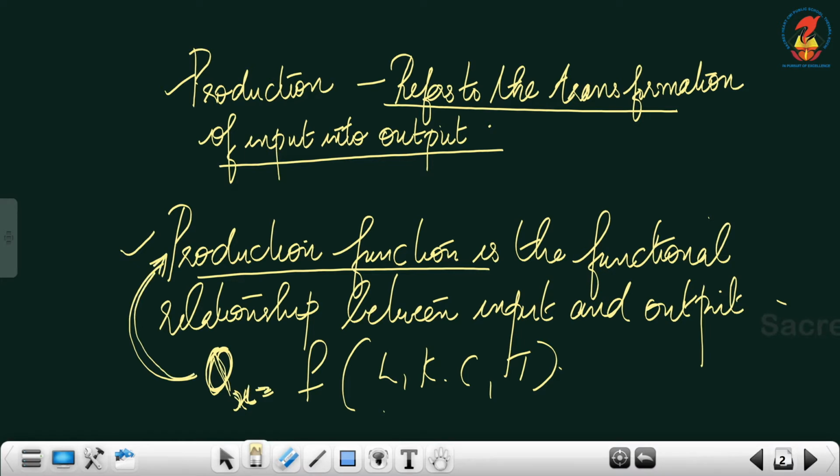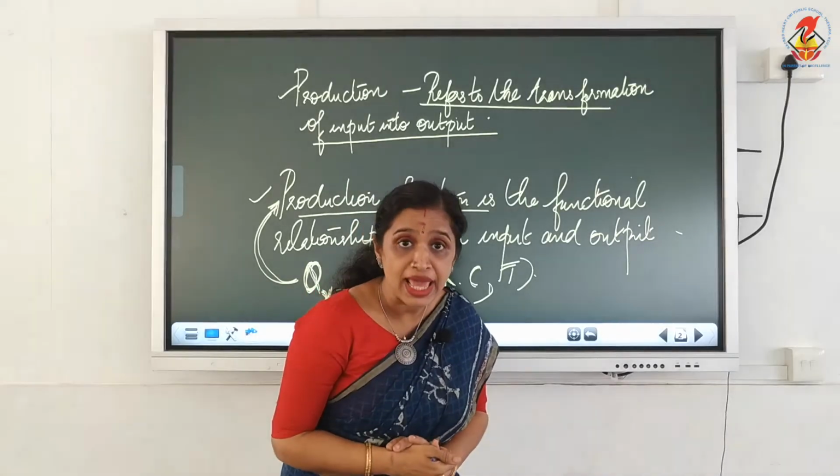Production function is the functional relationship. It is a function of land, labor, capital, raw materials and technology.